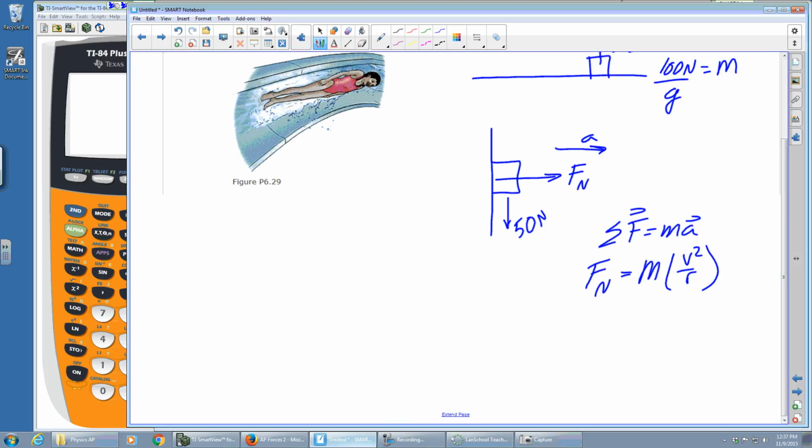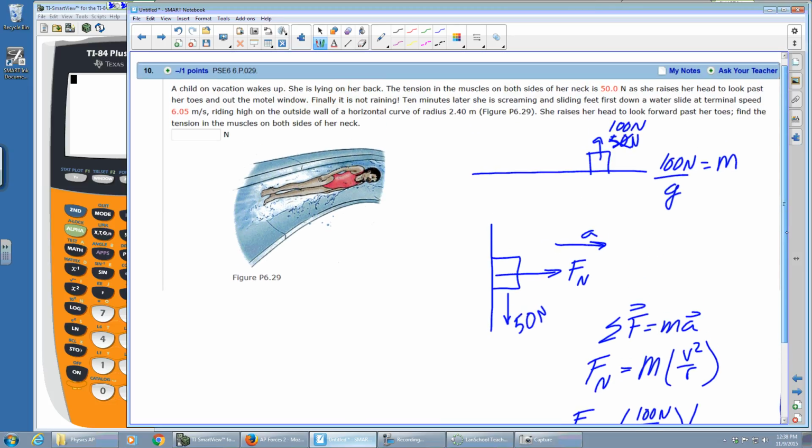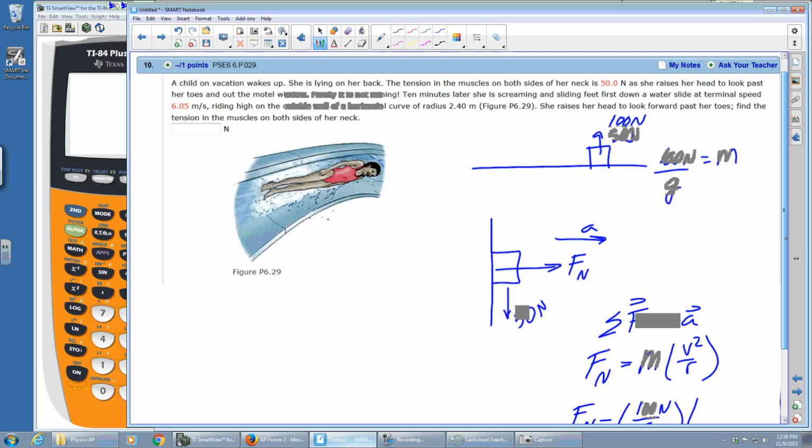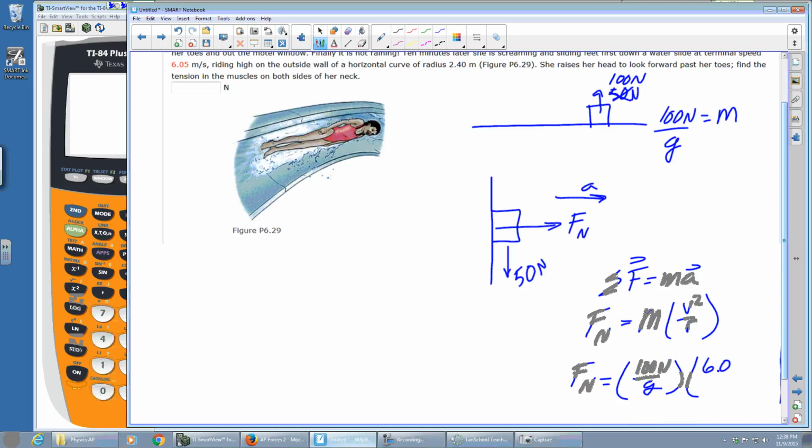So what do we ask? The normal force. This is going to be 100 newtons over g, and my v was what, 6.5, I think? 6.05. Yeah.